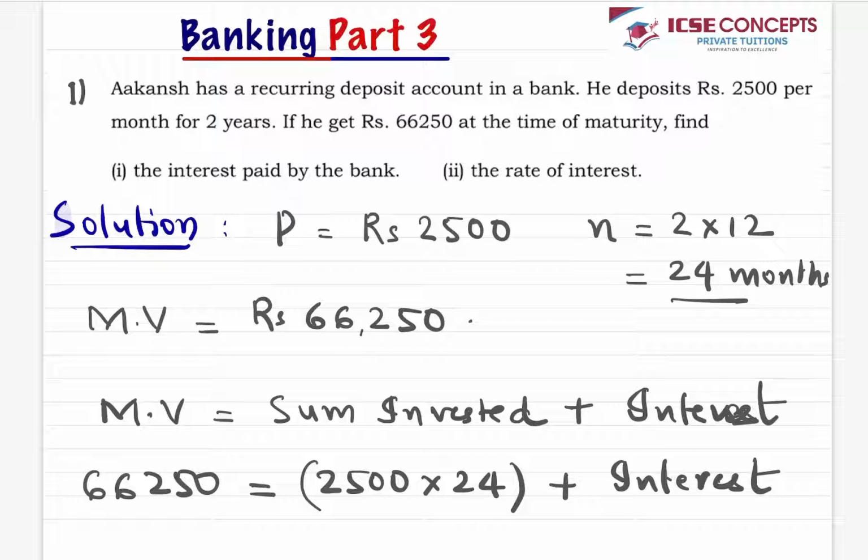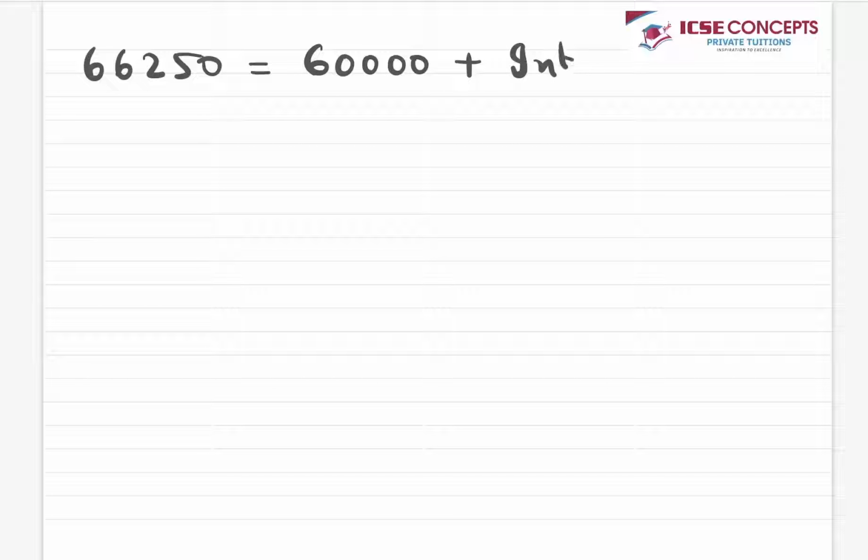So first we calculate 2500 into 24. So this value 24 into 2500 on multiplication becomes 60,000. So you can say 66,250 is equal to 60,000 plus the interest.